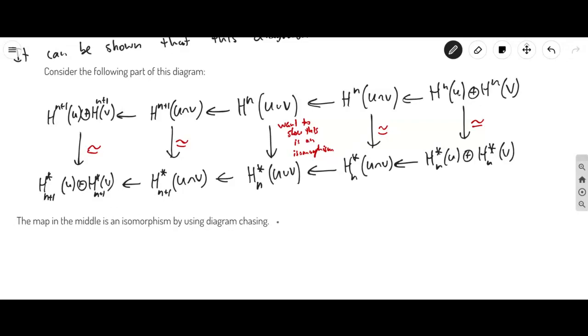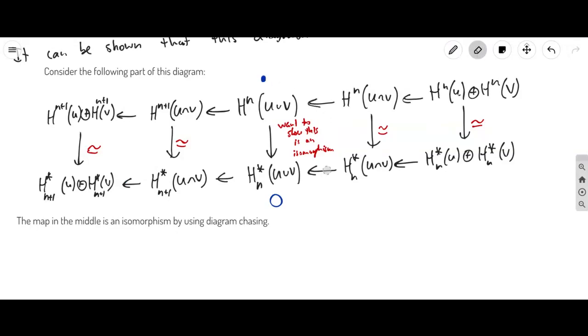Let me just show you how this would work. Let's justify why this is an injective map, and then you can justify why it's a surjective map yourself. Basically, you're going to pick something, let's just call it dot, in here, and assume it gets mapped to 0.